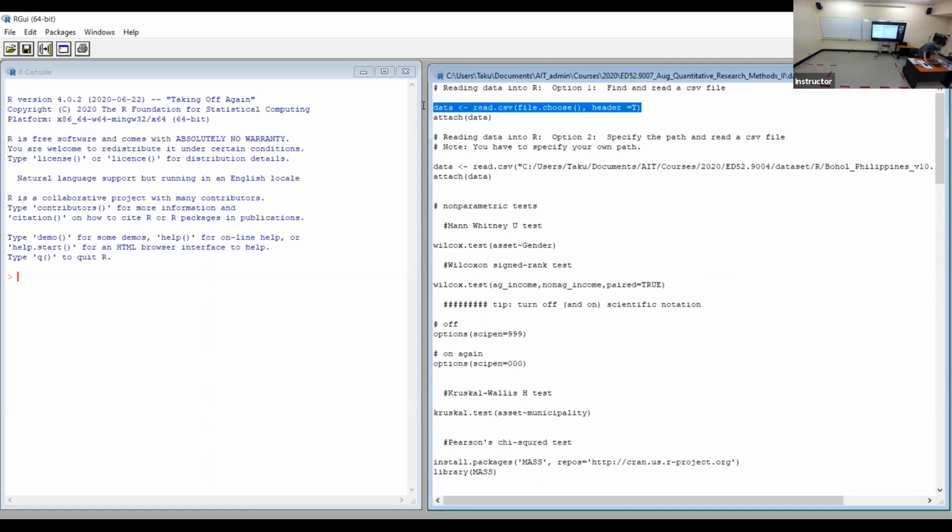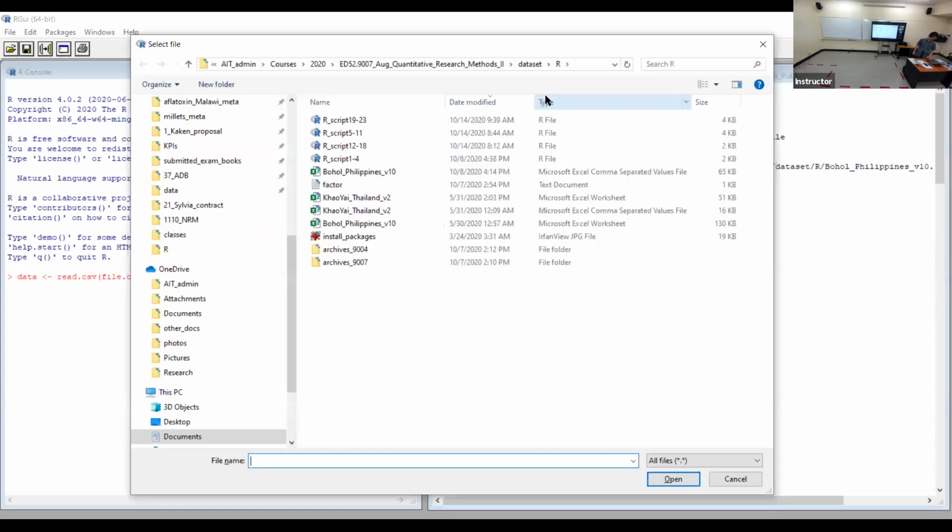Remember this one at the top. You select this, or you just put the cursor, and then execute. Execute means in Windows, Control R, in Mac, Command Enter. Then the File Explorer comes up.